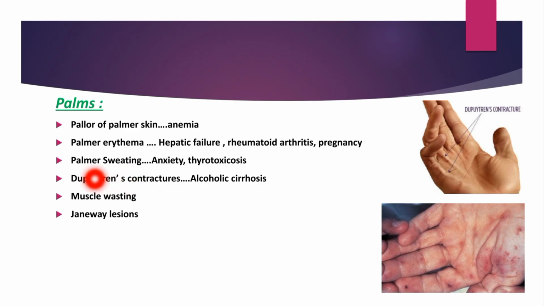Similarly, also look for the palmar sweating, which is seen in thyrotoxicosis and anxiety. Also look for the Dupuytren's contractures which are seen in alcoholic cirrhosis, and the picture is given here, which indicates the Dupuytren's contracture. Similarly, also look for the muscle wasting in the palms, and also look for the genuine lesions.